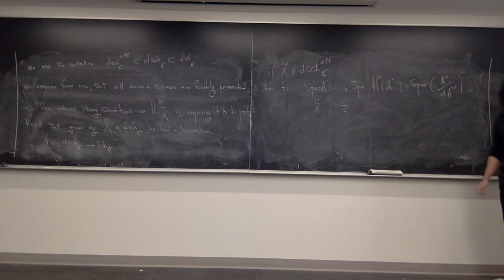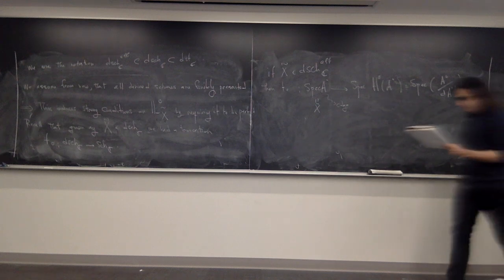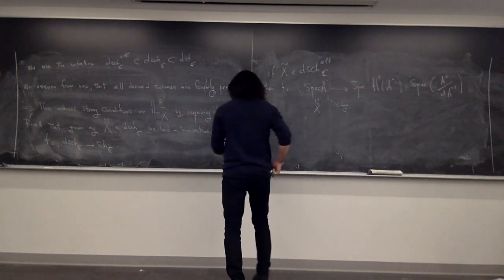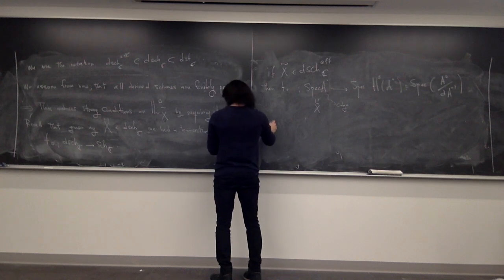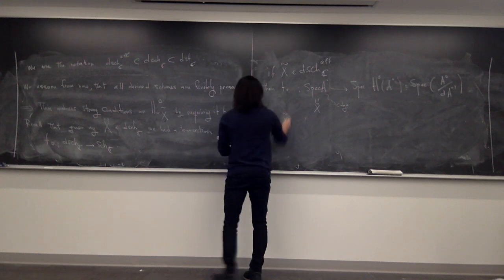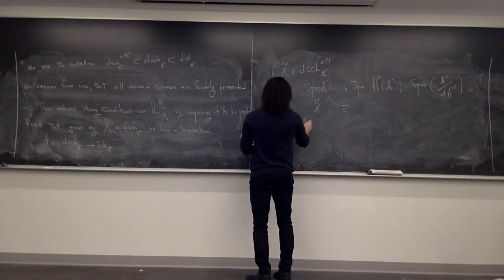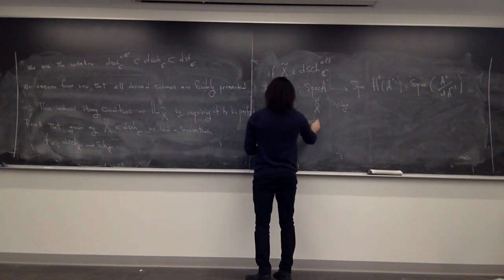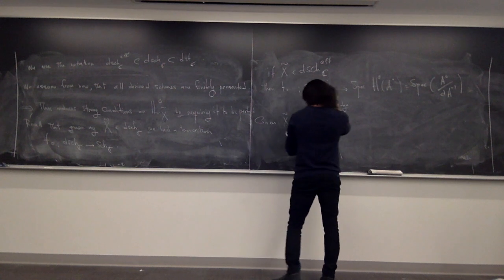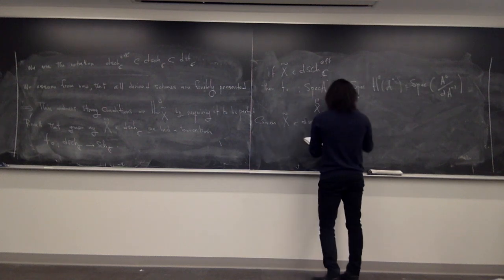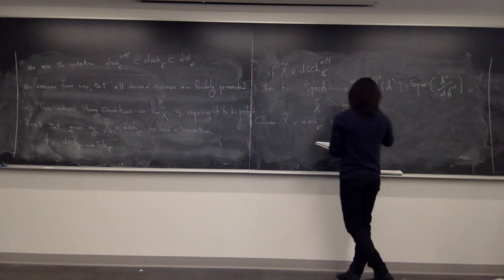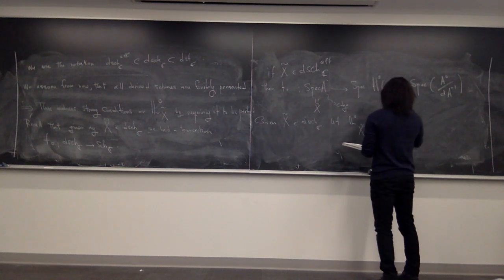All of our derived stacks, the derived schemes, locally look like DG schemes. Okay. So given X tilde in the category of derived schemes over C, let L dot of X tilde be the cotangent complex.